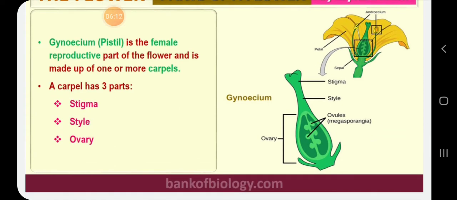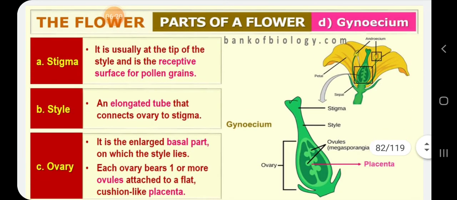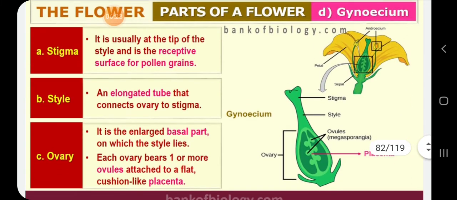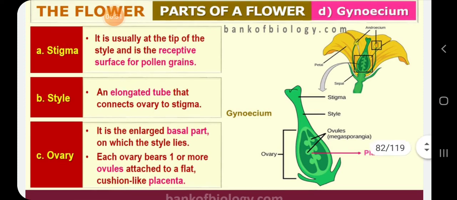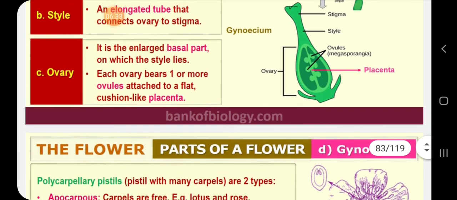The stigma is the topmost part, the style is the filamentous part, and the bottom swollen structure is the ovary. The stigma receives the pollen grain. The style is an elongated tube inside which the pollen tube is formed, and the ovary contains the ovules, which are attached to the placenta.